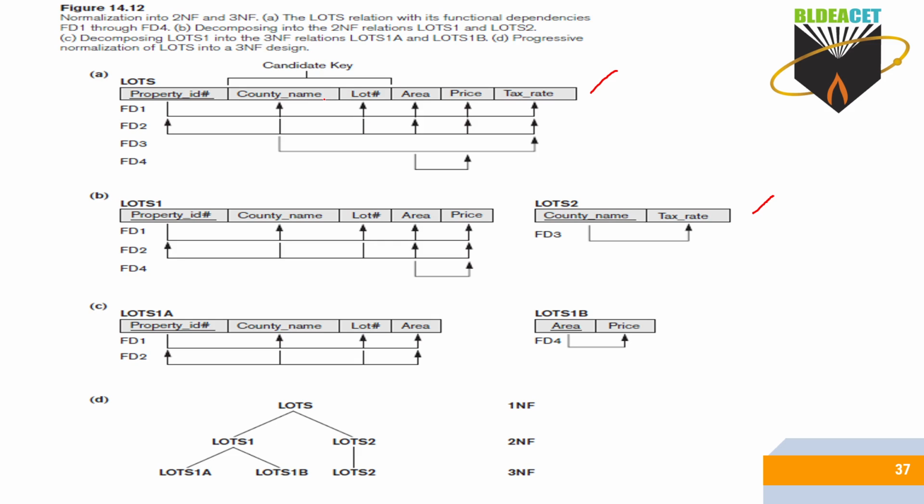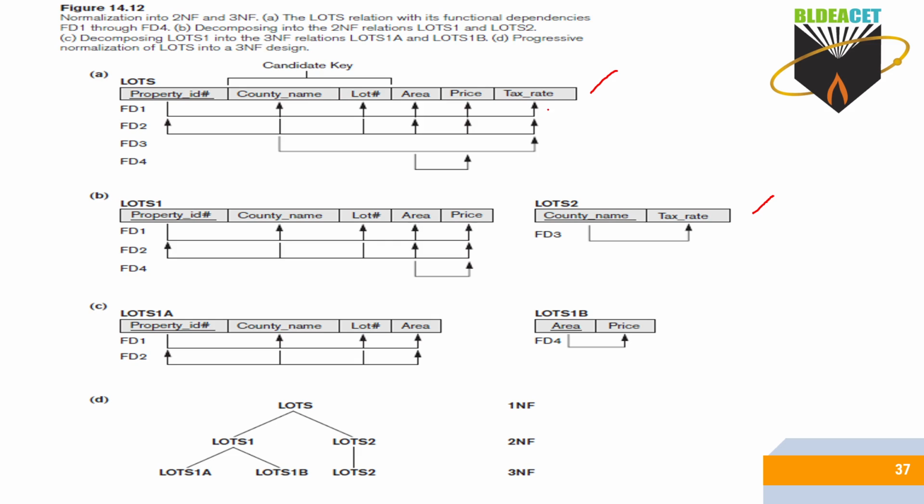Here, lot and county name are also dependent on property ID. Area, price, and tax rate all depend on county name and lot. Based on transitive dependency, you say that these three attributes depend on property ID, but your candidate keys are county name and lot. But area and price are not candidate keys.